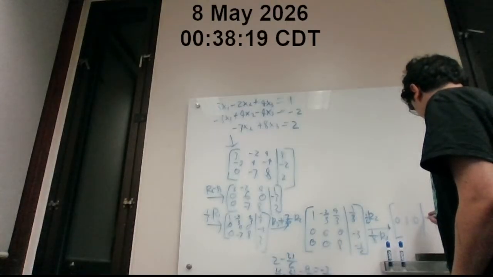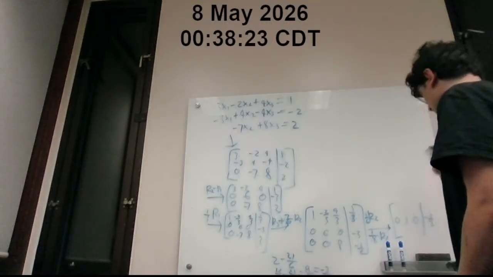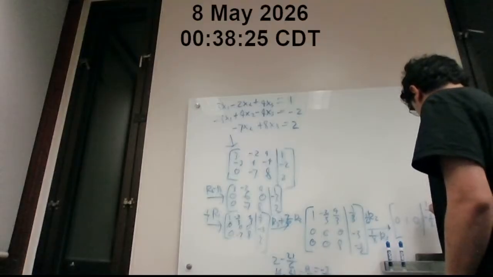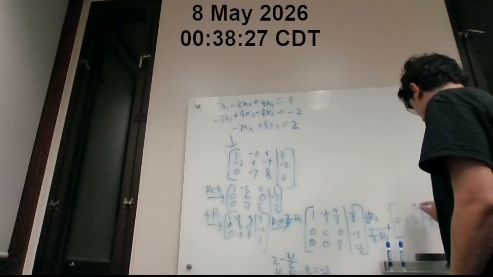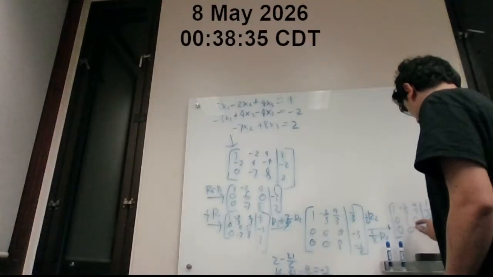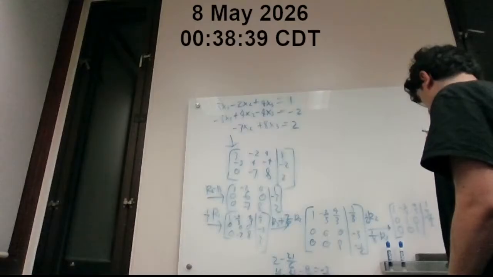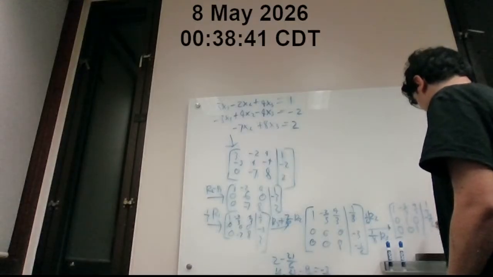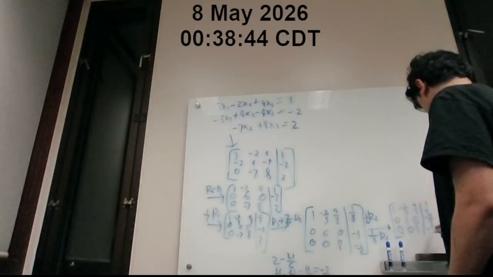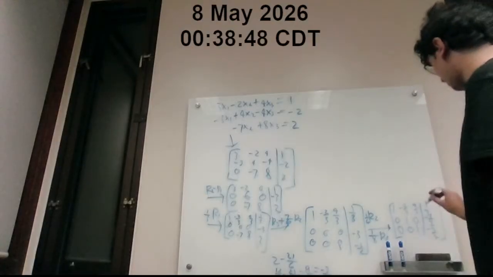But yeah, okay, this top row, the row 1, remains the same. 0, 0, and then 1. Okay, and this is fully reduced.